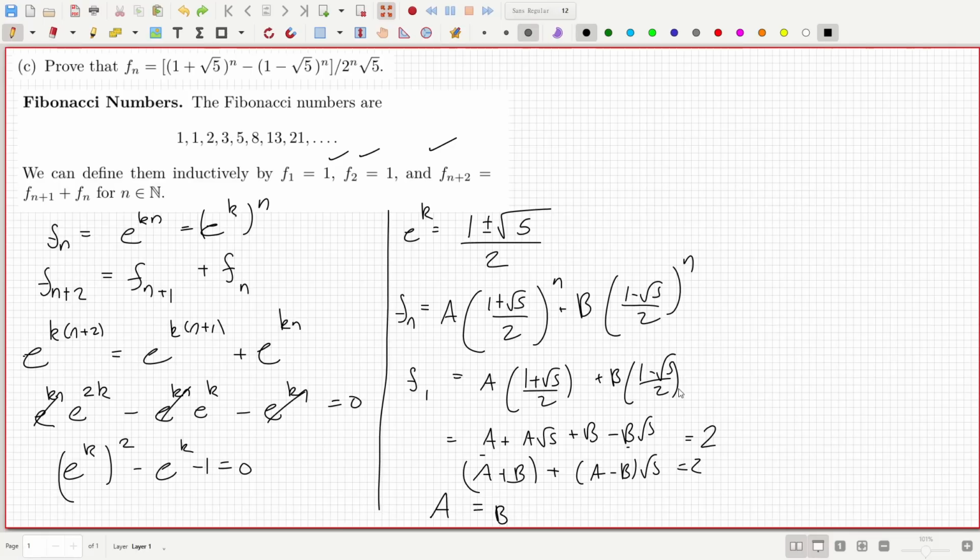Okay, we'll have to sub in other values then. All right, let's see this. 1 plus root 5 times A plus 1 minus root 5 times B equals 2.